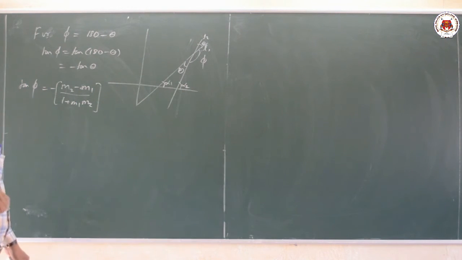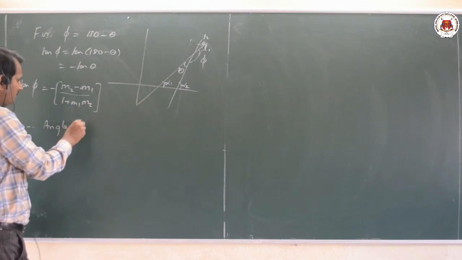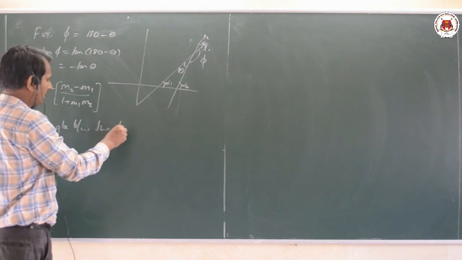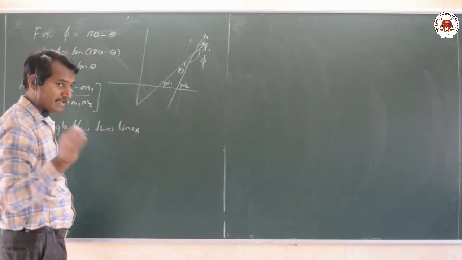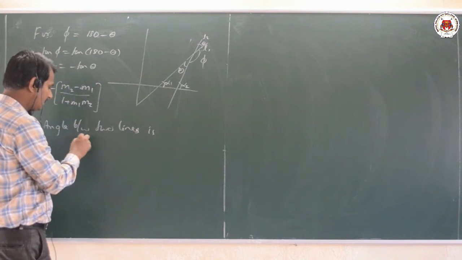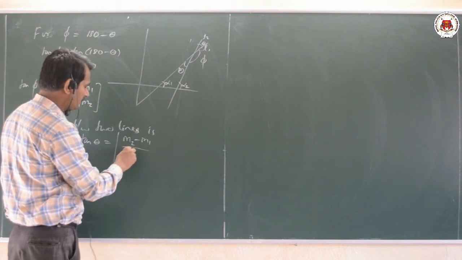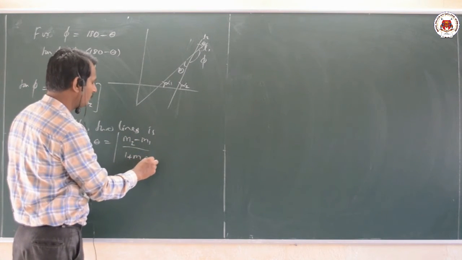Therefore the angle between two lines, whether acute or obtuse, is given by tan theta equal to mod of m2 minus m1 whole divided by 1 plus m1 into m2.